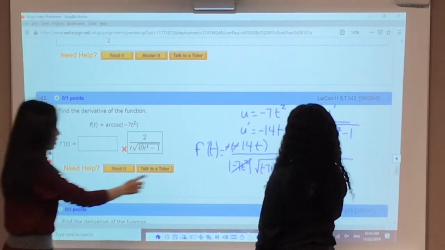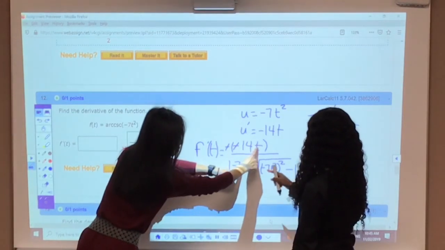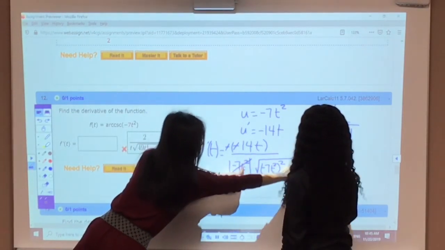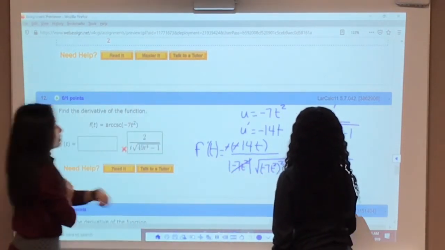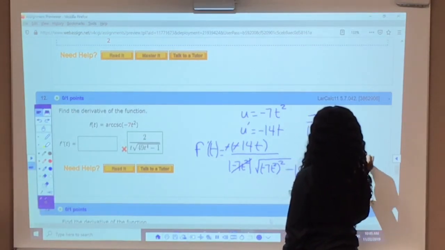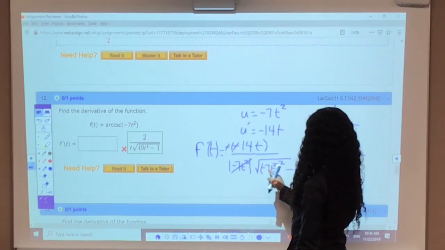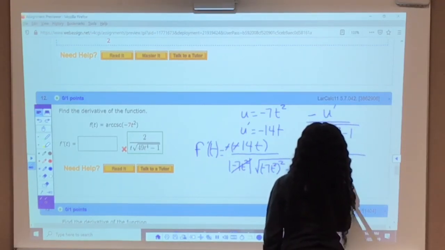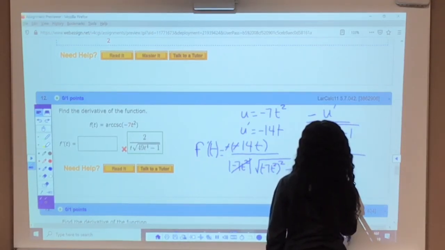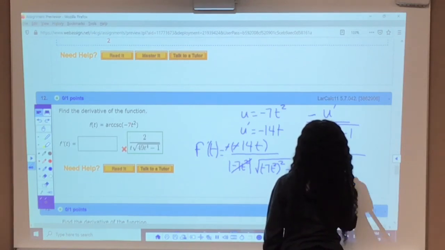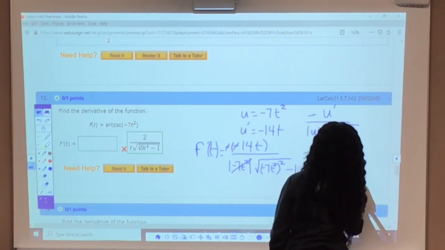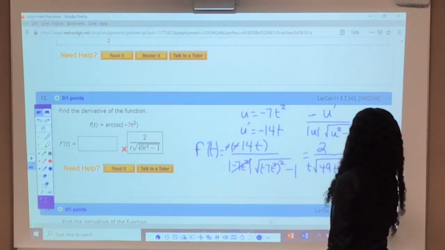Okay, you still have a 1t left. This is 1t and this is t squared. So you still have 1t. All right, great. And then 7, 49. 7 squared is 49, that's right. You know how many now? 4, good. Awesome. Very good.